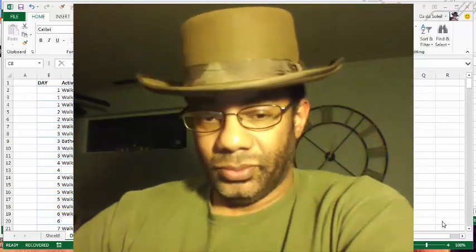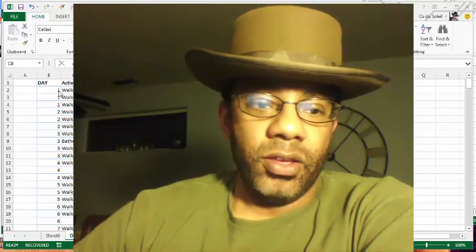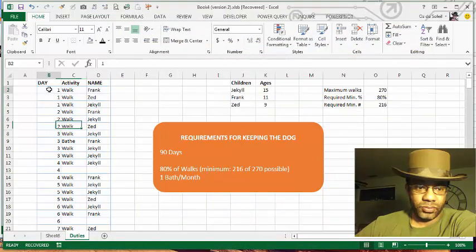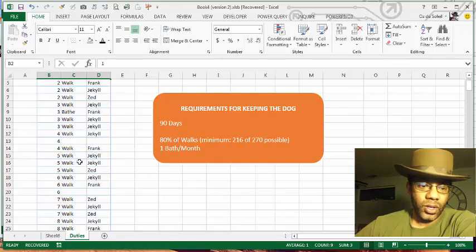So, I have Excel open and listed all of the activities. You see, day 1, there were 3 walks. Good. Each kid took a turn walking this dog. Let's see.